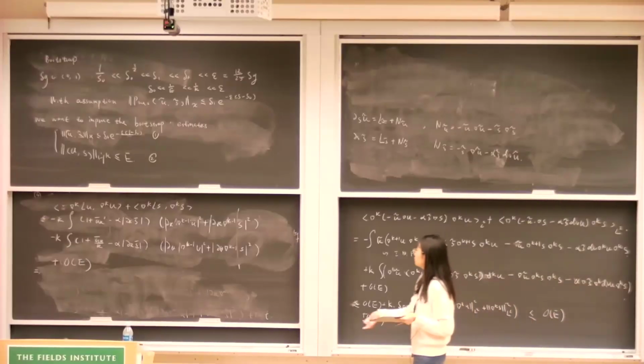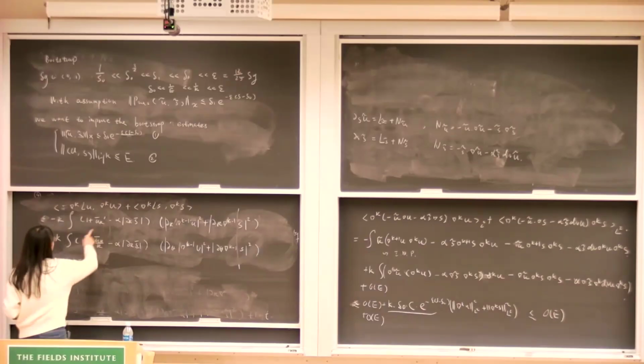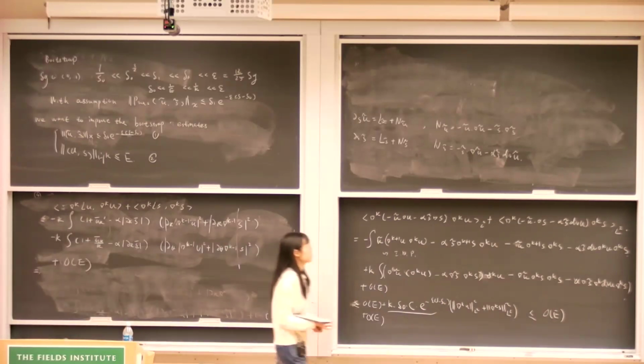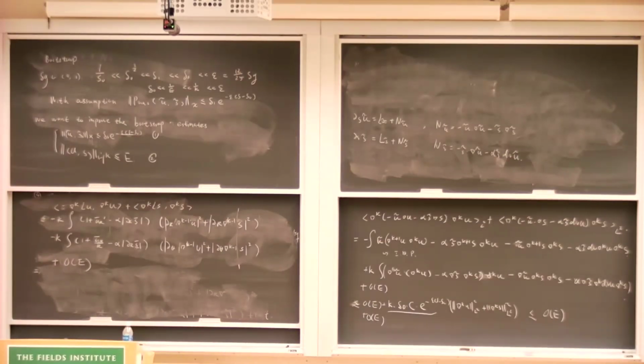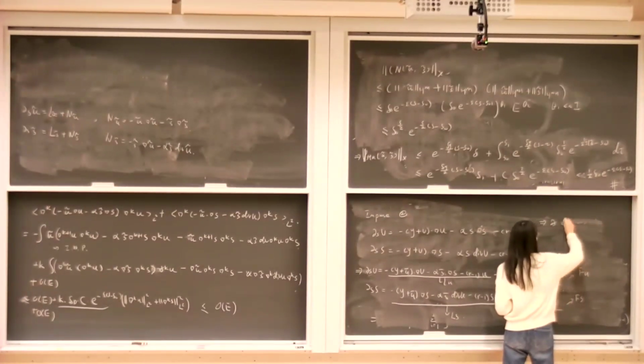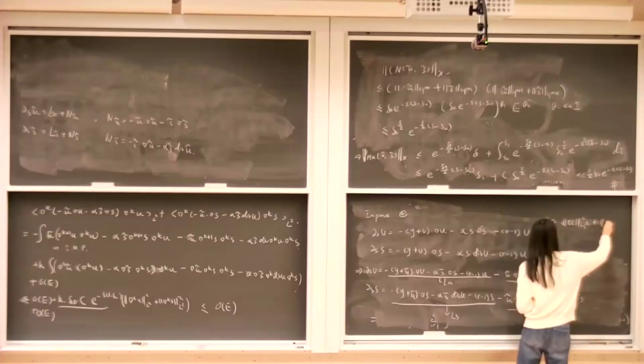So now we put them together. You have this k large, and this is a constant greater than a positive constant, and this is OE. So when k is very large, you put everything together, you will get partial s, gradient^k u, gradient^k u, plus s.